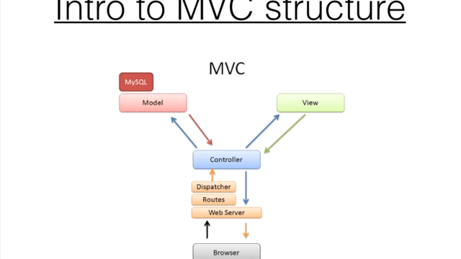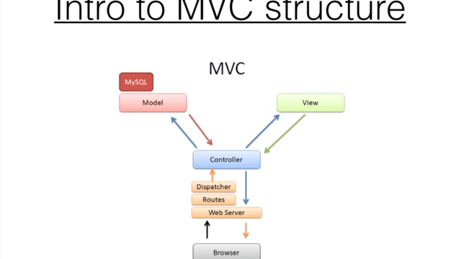Okay. So I think most of you know what an MVC architecture is, right? You have a controller, view, and model level. Here you can see that the browser requests to your web server. Web server sends the request to the controller through routes. Basically, your controllers should be as thin as possible.